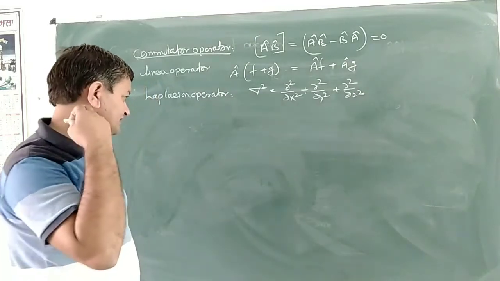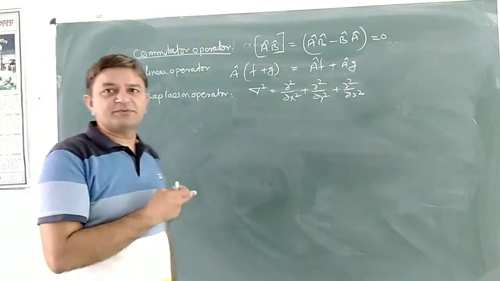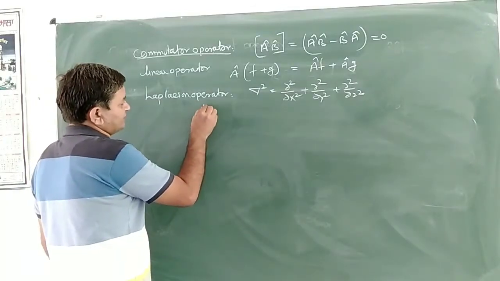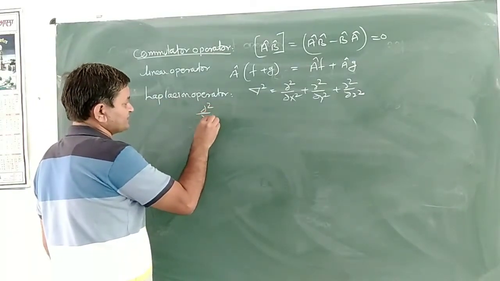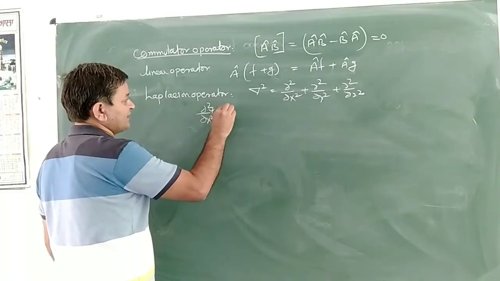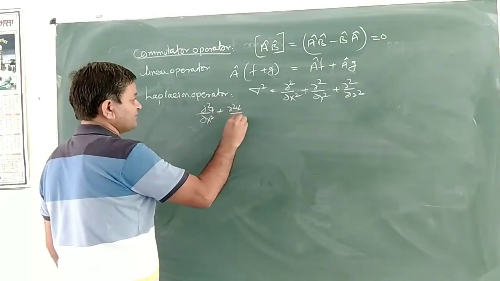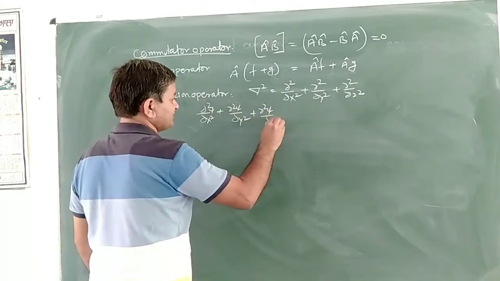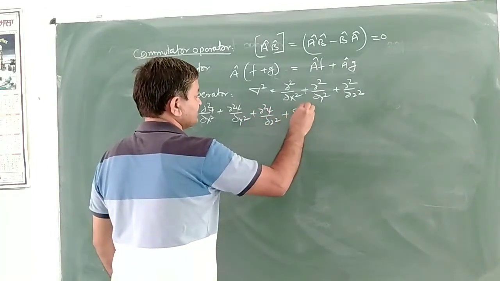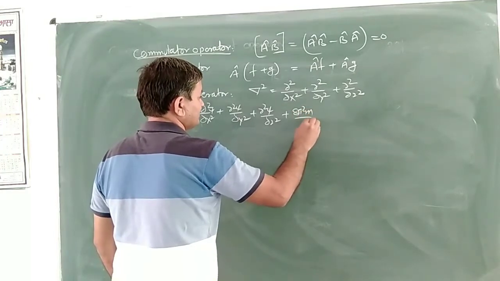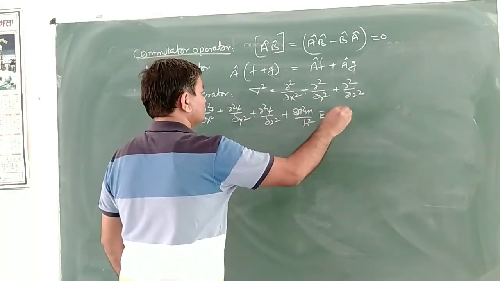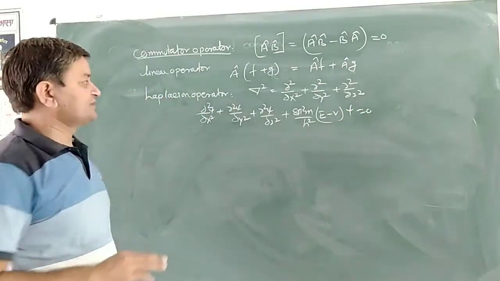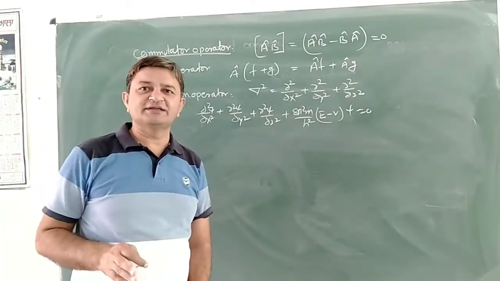In the Schrodinger equation, we have curly square psi divided by curly x square, plus curly square psi divided by curly y square, plus curly square psi divided by curly z square, plus 8 pi square m divided by h square times E minus V times psi, equal to 0. So this was the Schrodinger equation in three different coordinates.